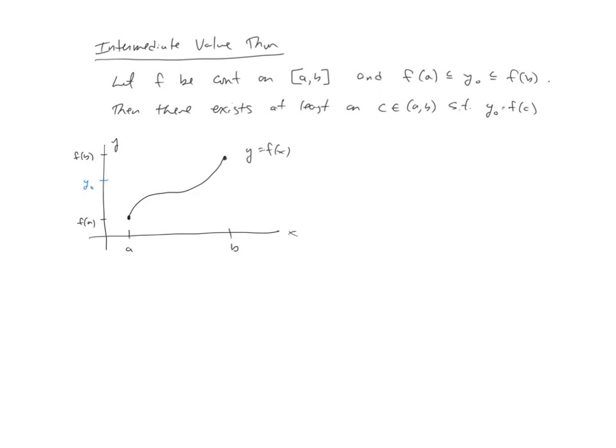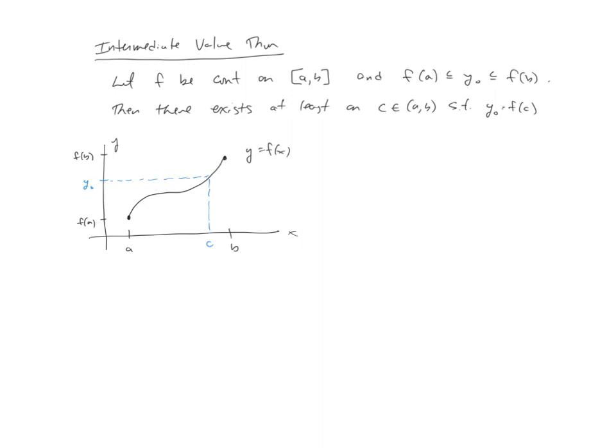Now, if that's the case, then there exists at least one c in (a, b). So that means there's at least one value c between a and b such that when I plug that c value into my function, it spits out y₀. And so if I kind of move this across here and go down, there would be my c.